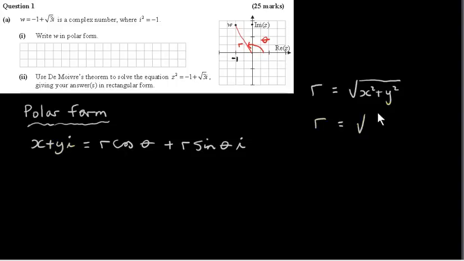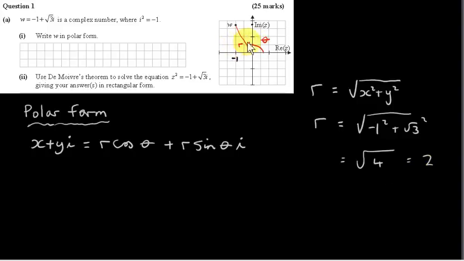So in this case, x is minus 1, y is root 3. So we're going to get the square root of 1 plus 3, which is 4. The square root of 4 is 2. So the modulus of w, which is the distance of w to the origin, is 2. That's r.